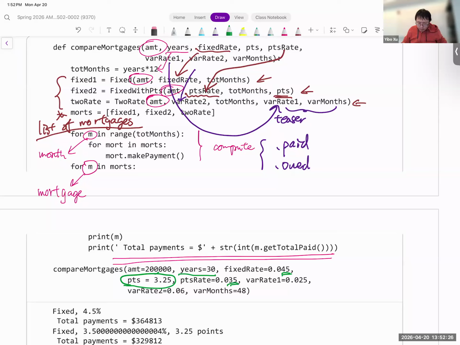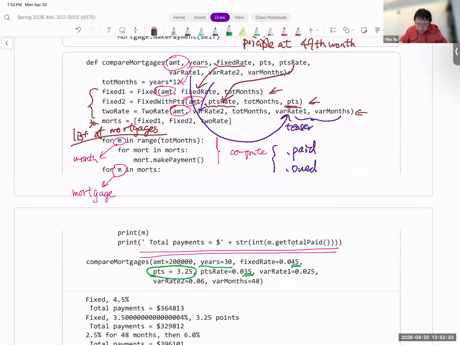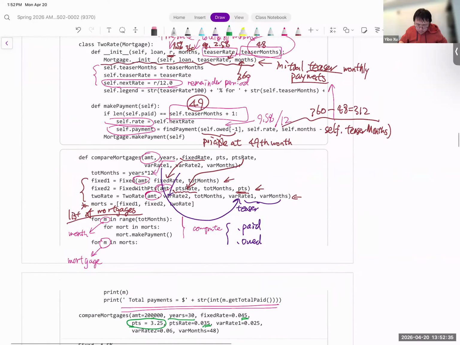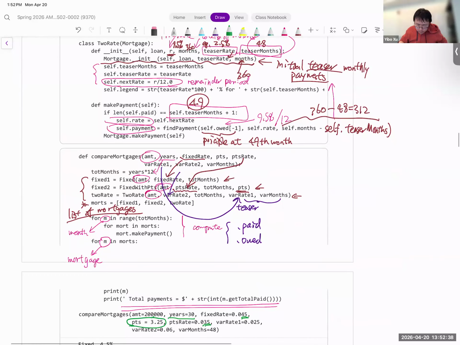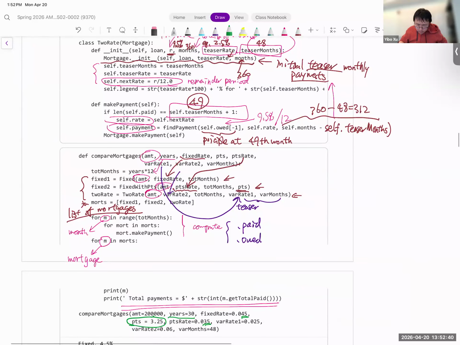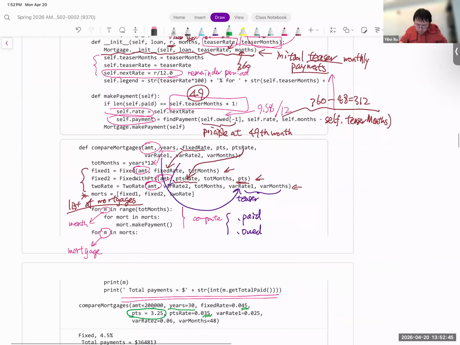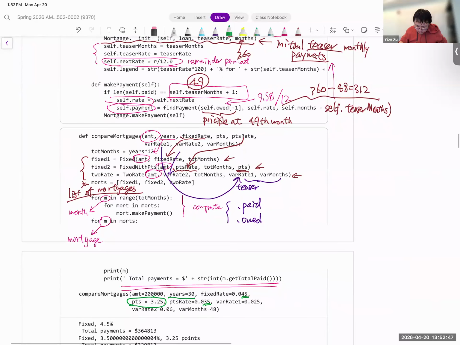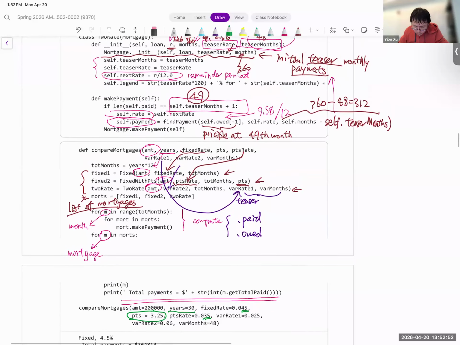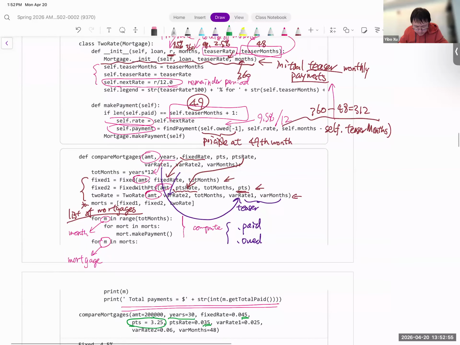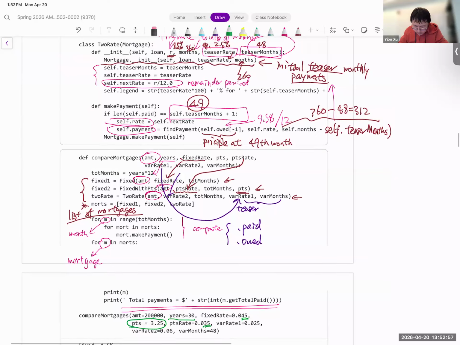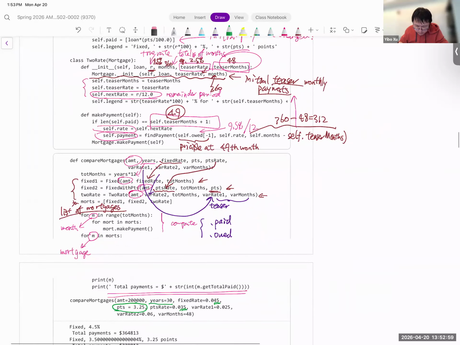And then what are the variable rates? Wait. I'm a little bit confused about which is the teaser and which is not the teaser.